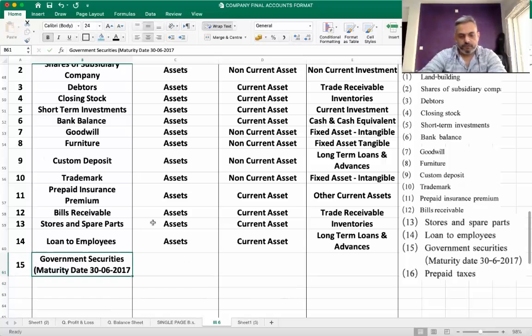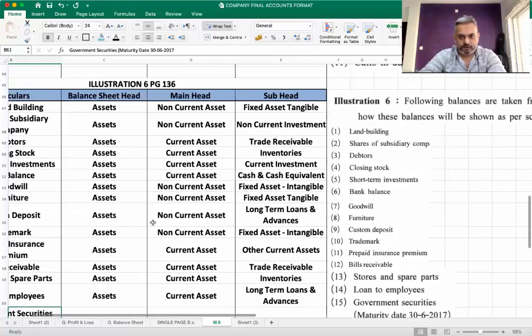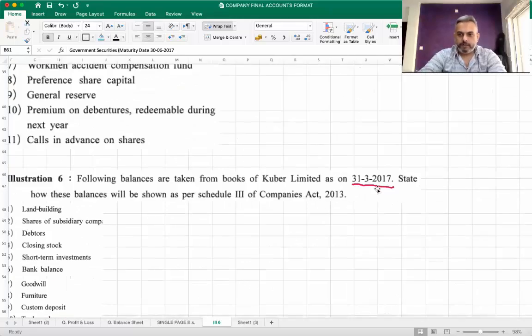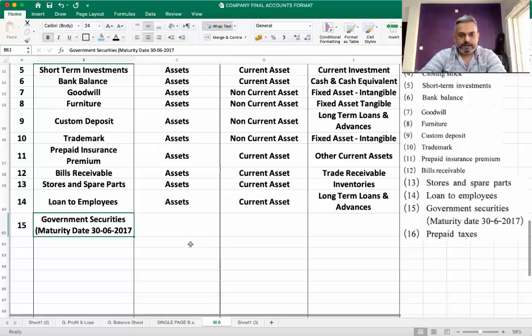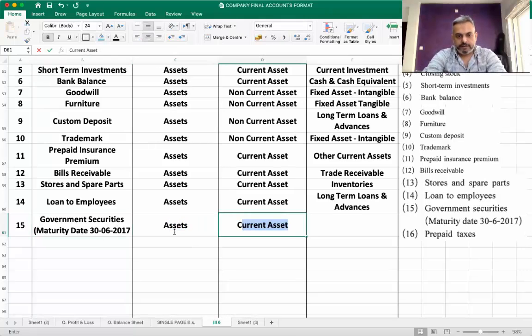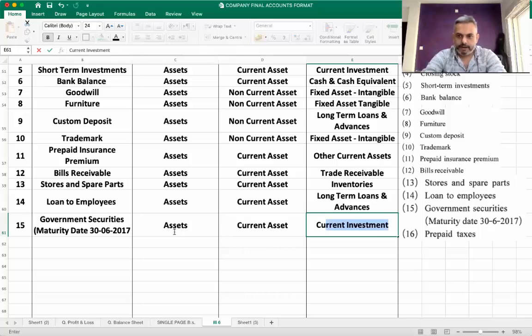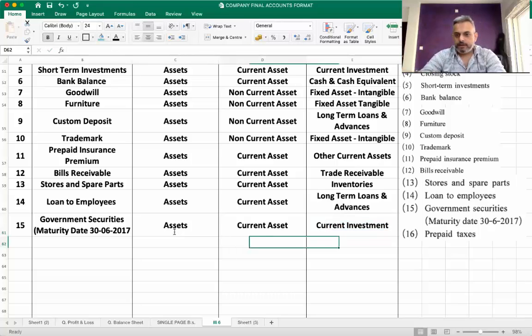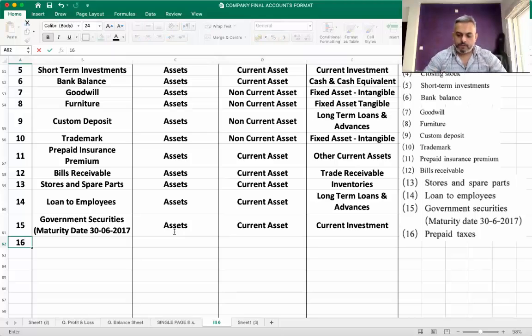So let's check out whether it will be maturing in short term or long term. 31/3/2017, and after 3 months this will be maturing. So asset. So it will be current asset and it will be your current investment. Government security for less than 12 months.